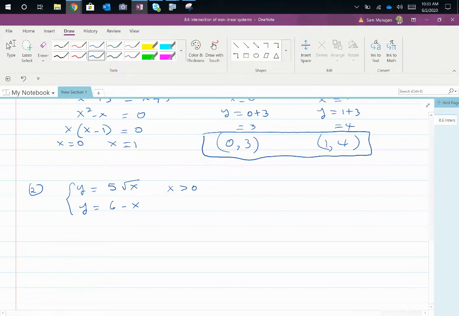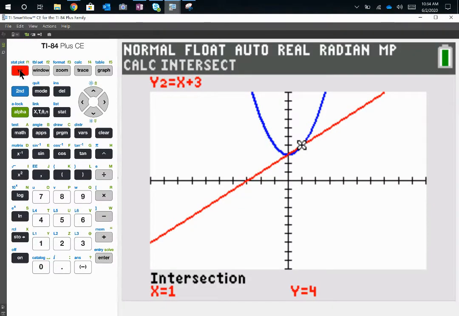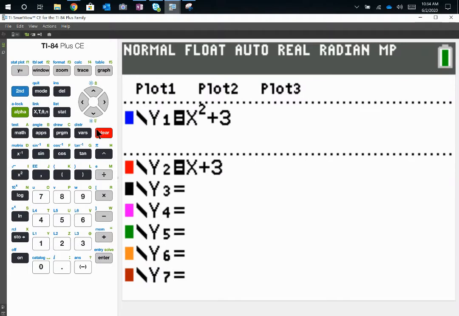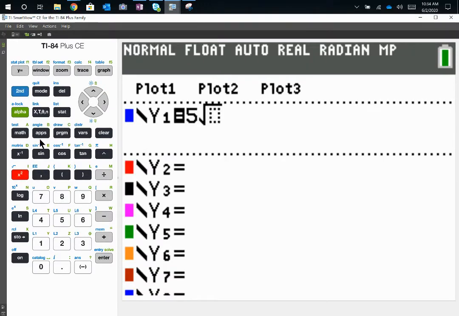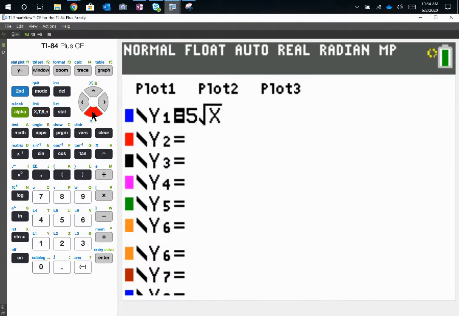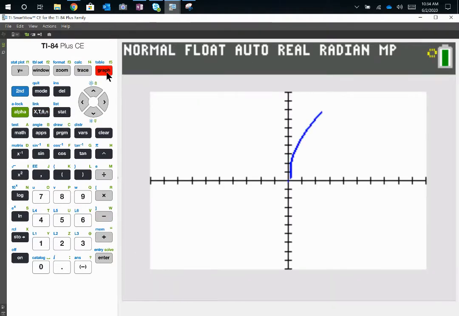Okay, so I'm going to go right ahead and construct this graph with my calculator. 5 square root x, and then my second equation is 6 minus x, and graph them.